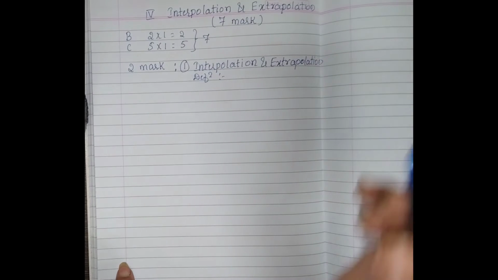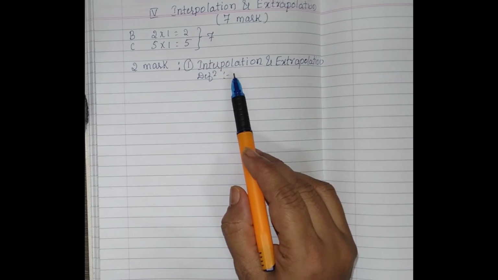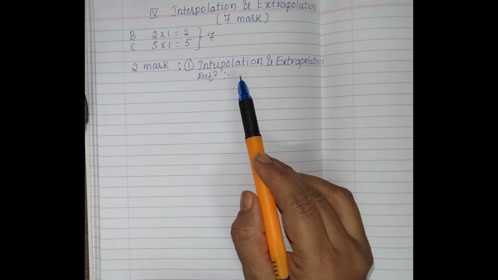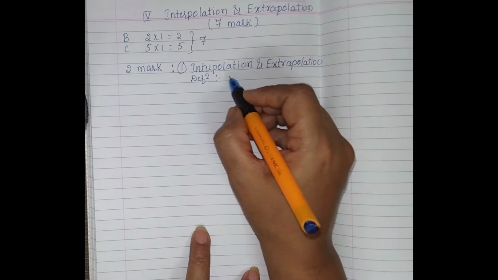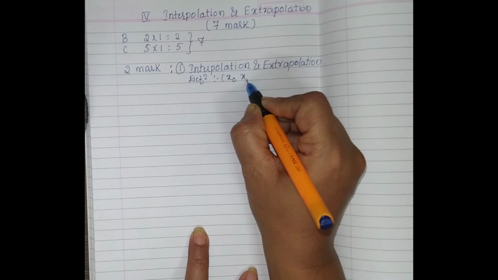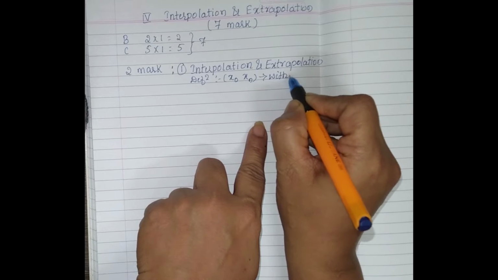You already studied. Interpolation is the technique of finding a y value, finding a y which corresponds to an argument x which lies within the range x0 to xn. Within the range, you have to remember that.